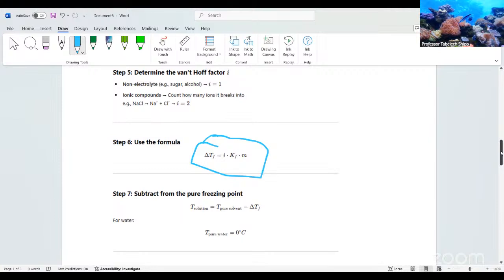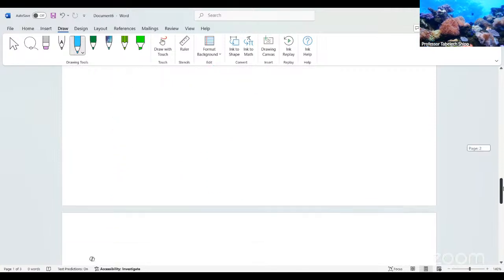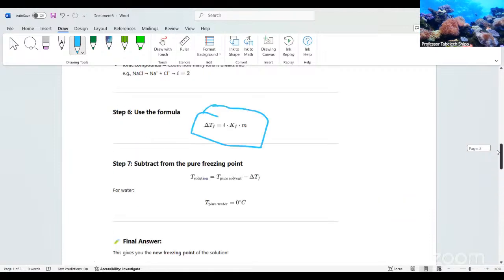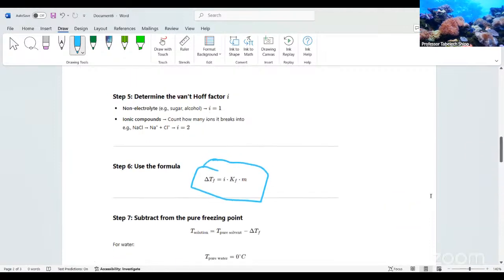Now, what I want to do is give you all some examples of how to use this formula, because I know several students are going to have questions about how to use this whole process and how to solve these problems. So we're going to move our screen over and get into these examples. And for those of you watching the replay, make sure that you reach out to me.